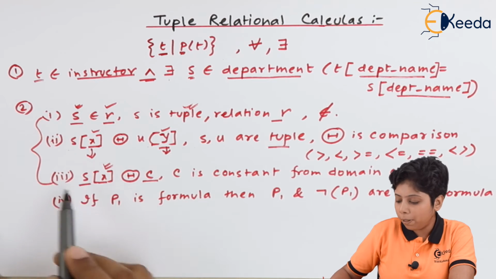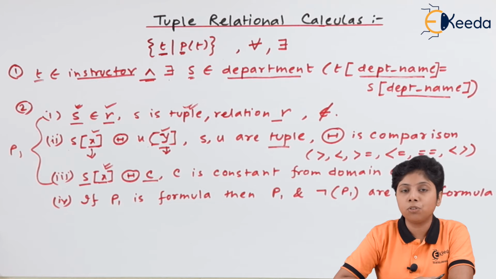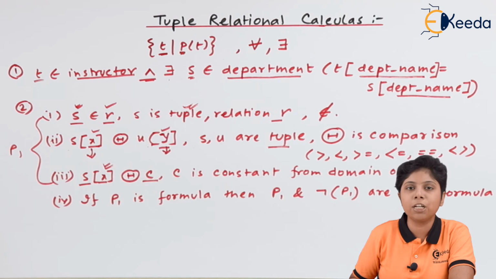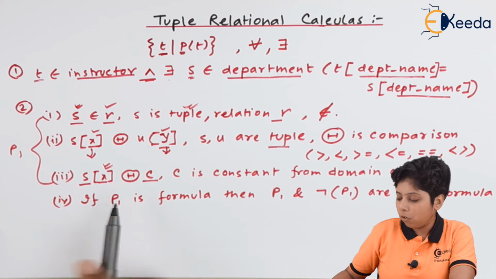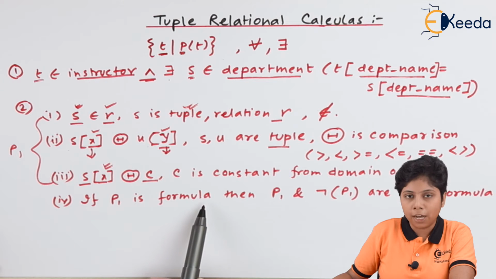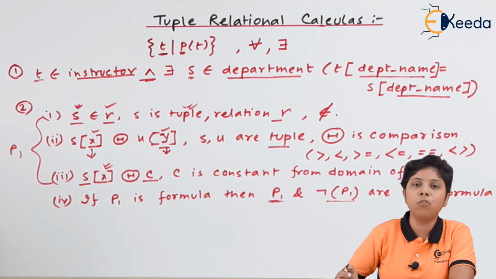All of these belong to P, that is, an atom or a formula, calculated on some tuple T. Now if P1 is a formula, then both P1 and not P1 are also formulas.